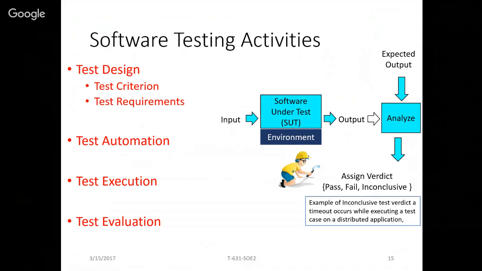Inconclusive means that I'm not able to tell if the test passed or failed. This means that maybe the test did not finish executing or just crashed without producing output.